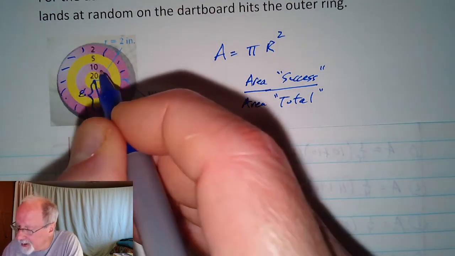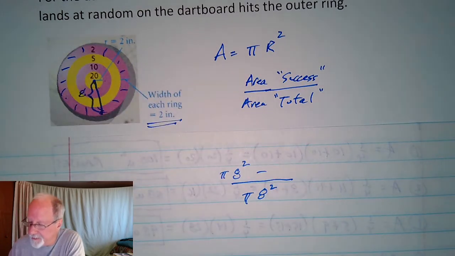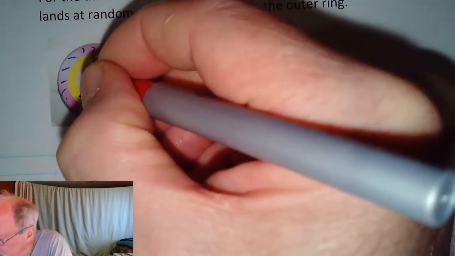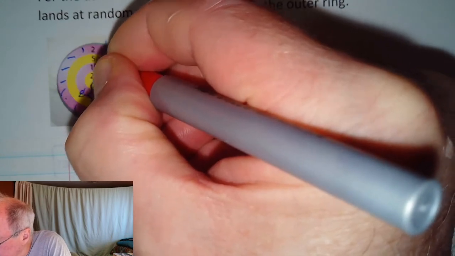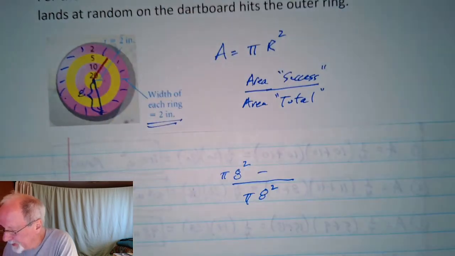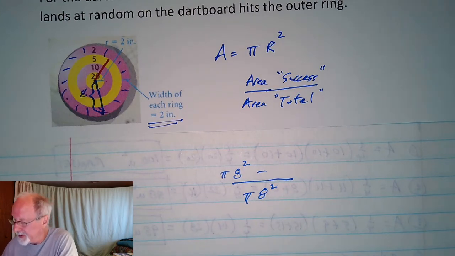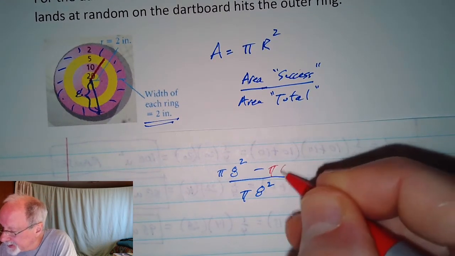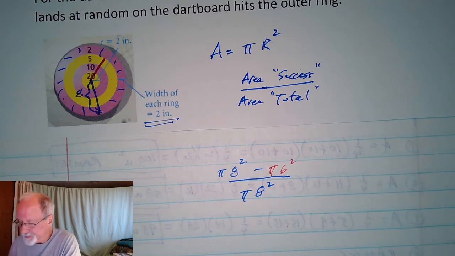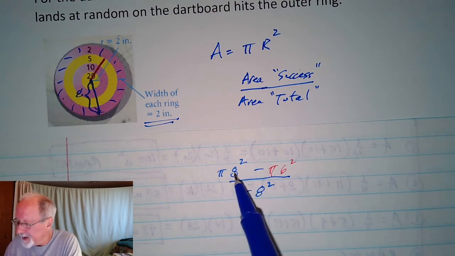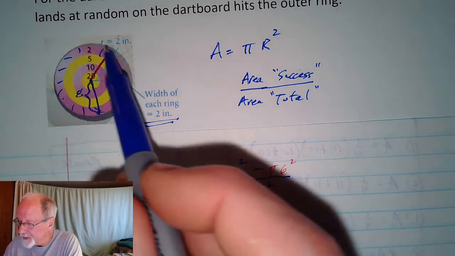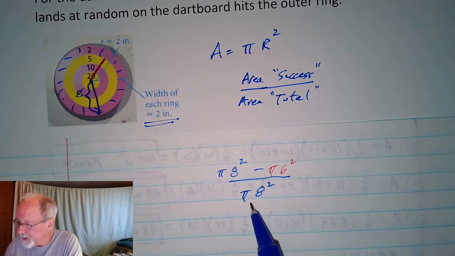The hole, I'll draw it in a different color here. The hole is just 3 rings wide, or 6 inches. So that is going to give me pi 6 squared. And so now that I've got it figured out, here's the success, the area of the success. That's this outer ring, and then out of the total area.